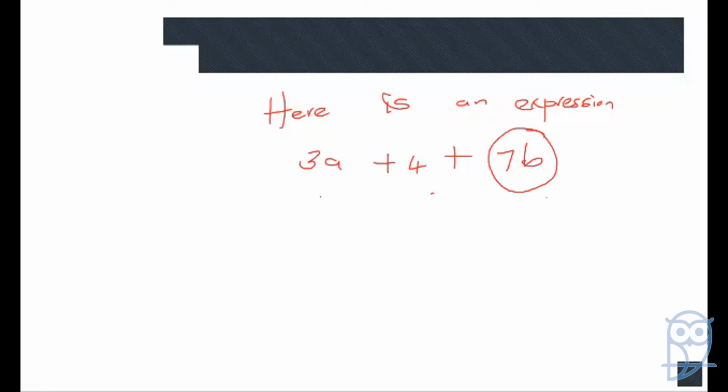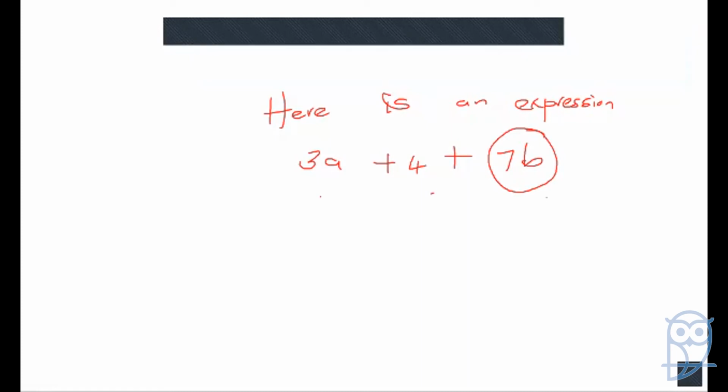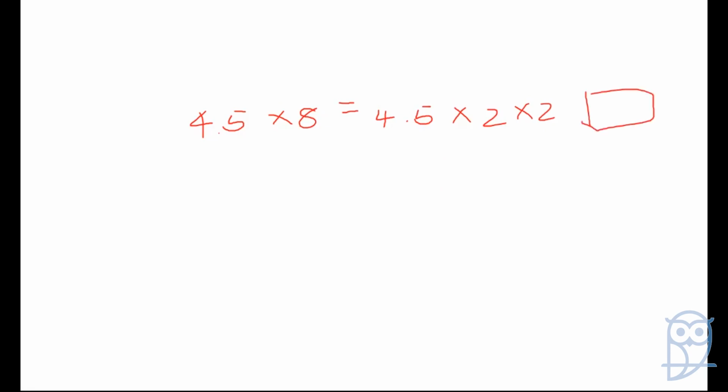Then it says, use the laws of arithmetic to write down numbers in the boxes to make these calculations correct. Now, last week I worked with simultaneous equations. When we're working with simultaneous equations, we know that the left and the right must equal each other. So if I have 4.5 times 8 is equal to 4.5 times 2 times 2, and I have a block.